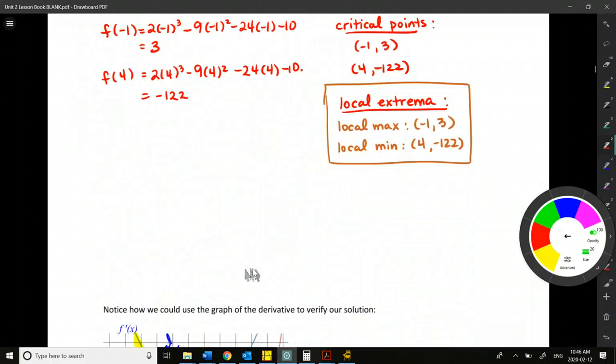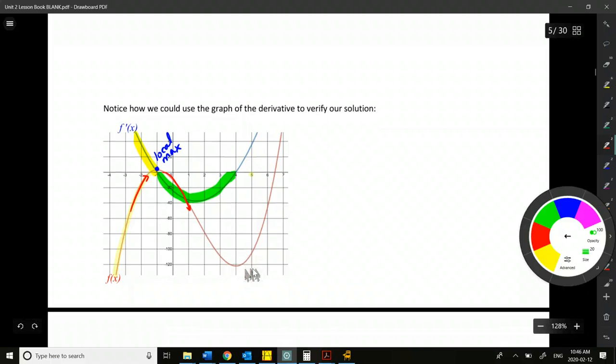Okay, and then we can also look at where the function starts decreasing. So here, f at x starts decreasing all the way to this point here. And we can see in that area that our derivative function is negative. So this whole area right here, the derivative function is negative. Then here we have another critical point. This is a local min.